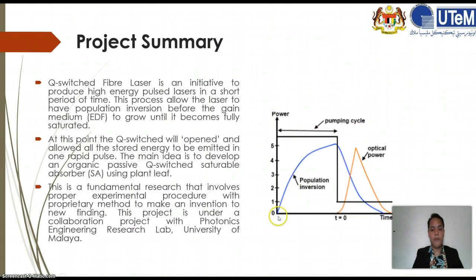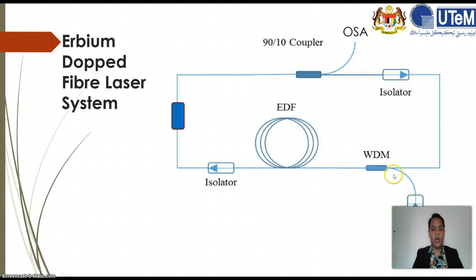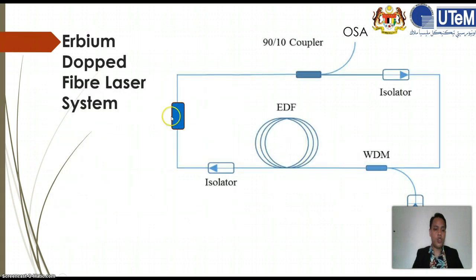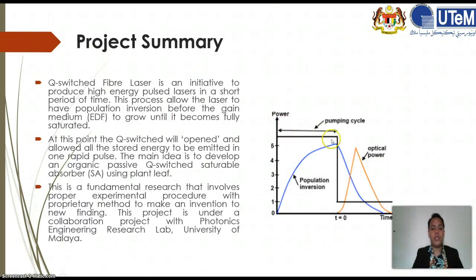To make it simple, the population inversion region is where the pump diode signal power comes into the optic fiber ferrule. Whenever it hits the passive Q switch film, in this case the saturable absorber film, which I will call SA after this, it will reach a saturation level.